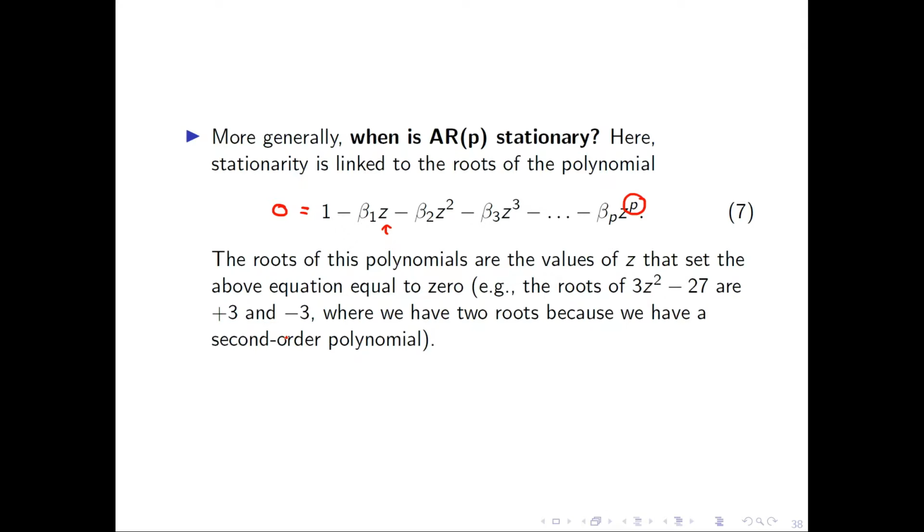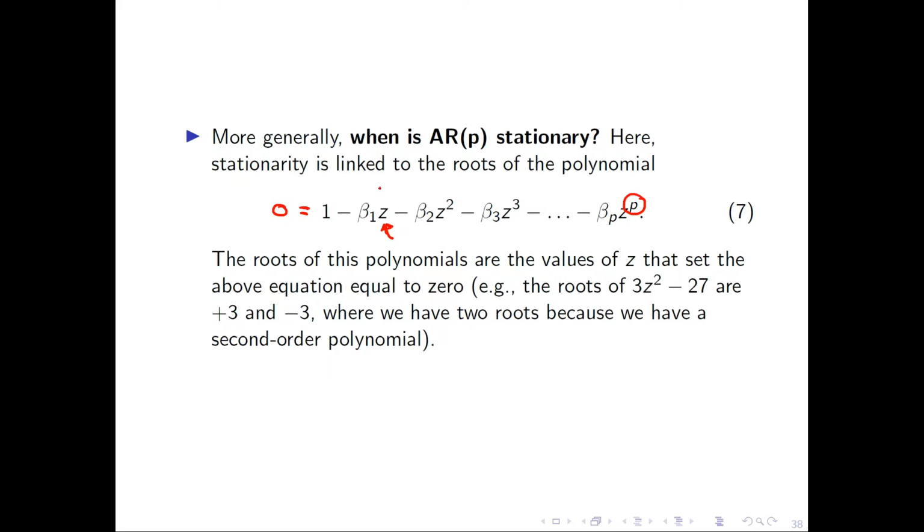So if the roots are greater than 1 in magnitude, then this process is stationary.